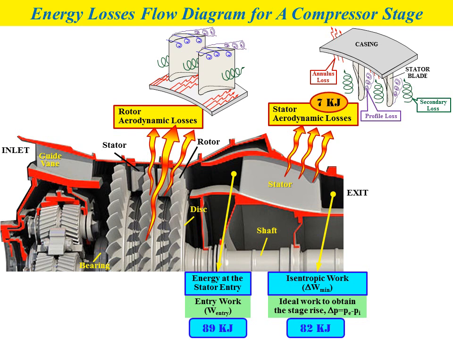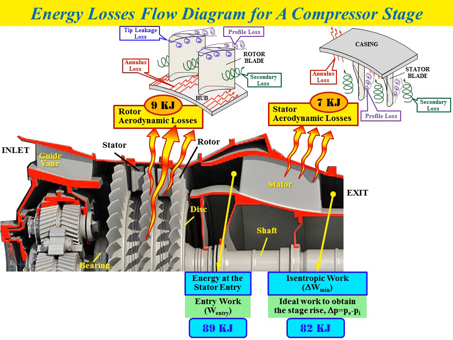The figure shows the arrangement of the rotor blades in the compressor, where the rotor blade is attached on the rotor hub, and there are four types of losses involved for the aerodynamic losses for the rotor. So we have profile loss, annulus loss, secondary loss, and the other one is the tip leakage losses. For example, let's say the value of rotor aerodynamic losses is around 9 kilojoule.